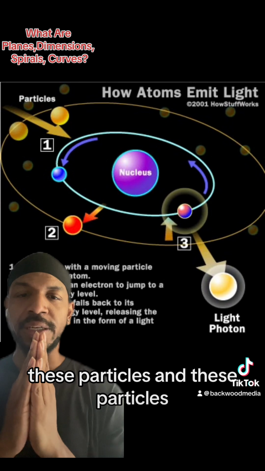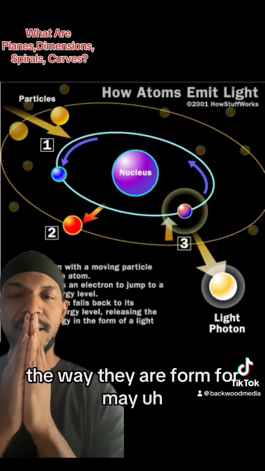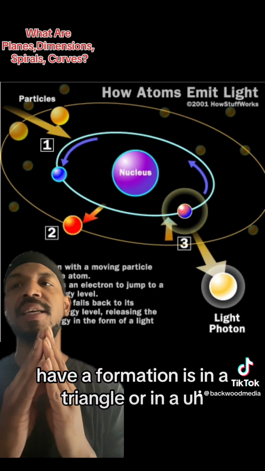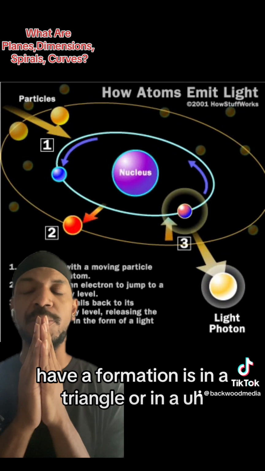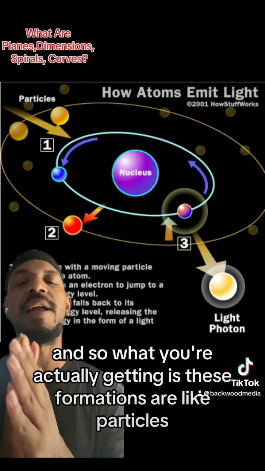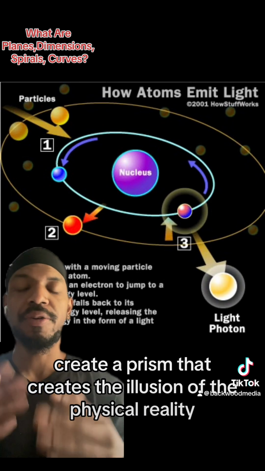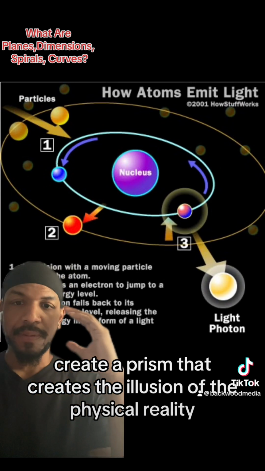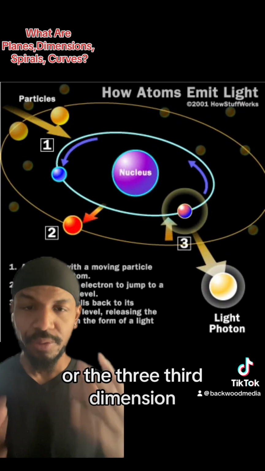And these particles have a formation in a triangle, or what we call a prism. And so what you're actually getting is these formations of light particles create a prism that creates the illusion of the physical reality, or the third dimension.